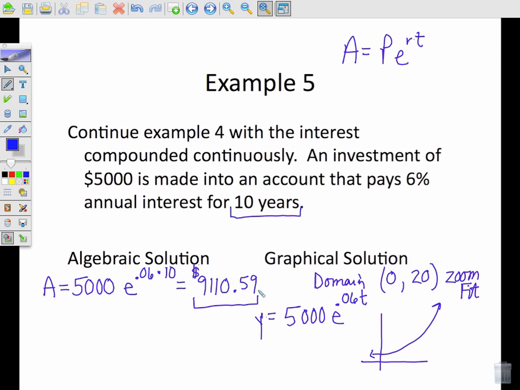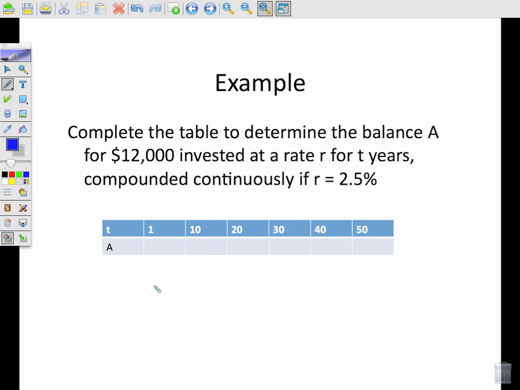All right. We've got one more problem to go through. It says complete the table to determine the balance A for $12,000 invested at a rate R for T years, compounding continuously, if R is 2.5%. So we've got 12,000 times e to the rT, 0.025, and T being my number of years.